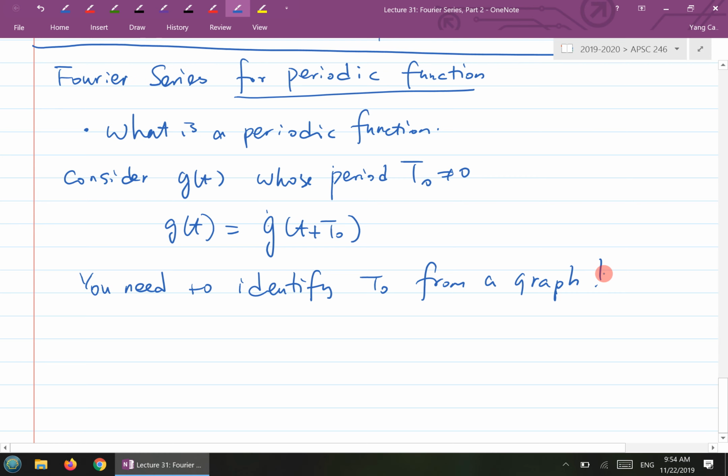That's a very basic expectation. If I give you a periodic function sketched out on paper without telling you the period, you have to be able to identify this t naught from the graph.